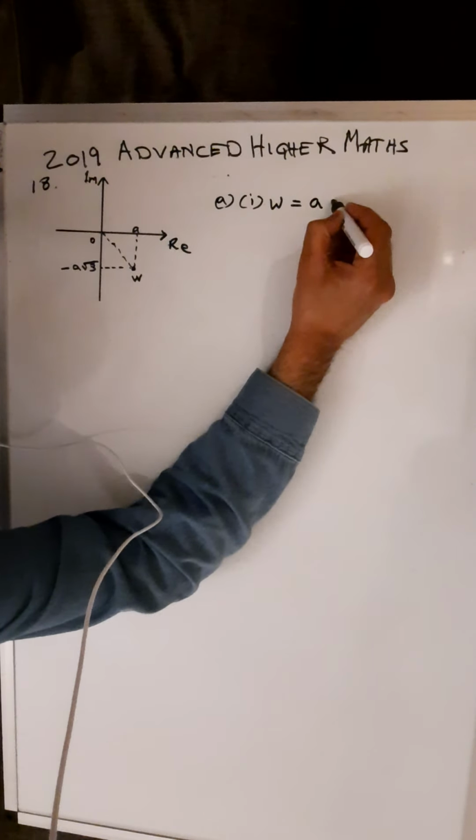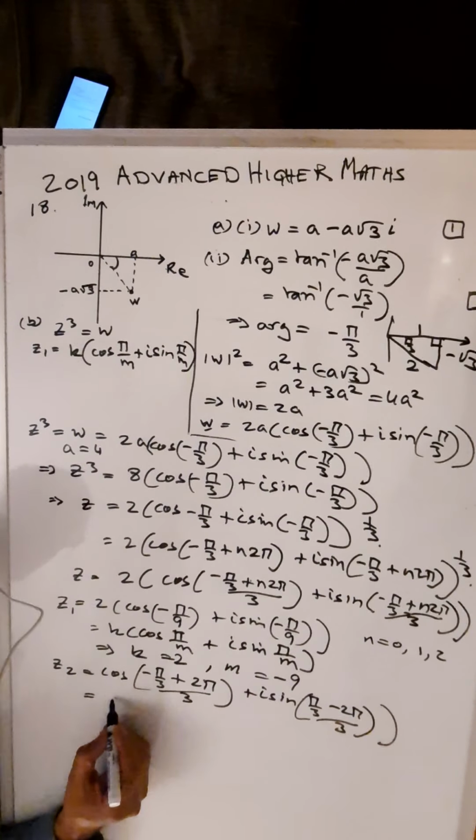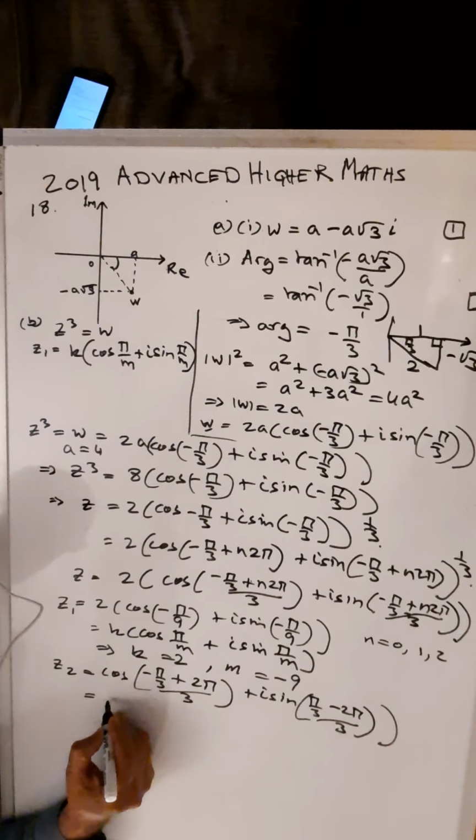That is, so this is going to give you 6 pi minus 6 pi over 9 minus pi over 9 gives you 5 pi over 9.